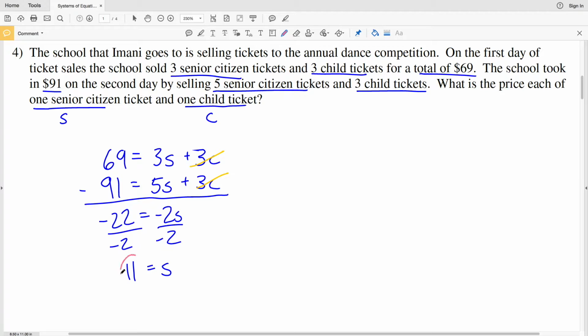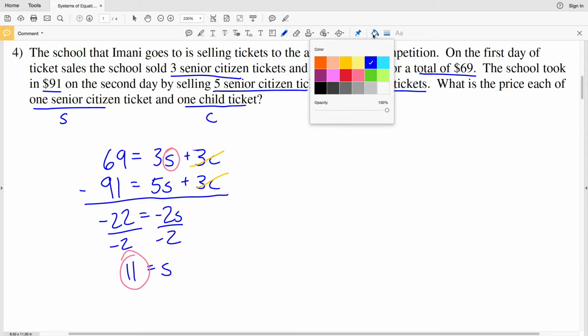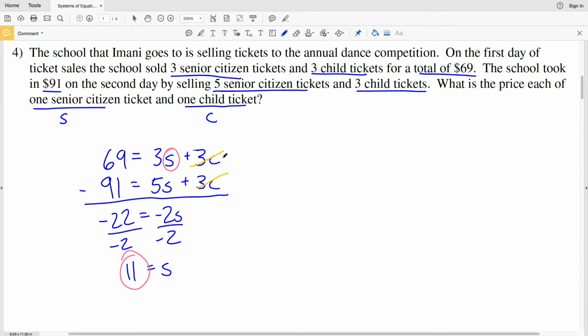So now that we know that $11 is the cost of a senior citizen ticket, we'll take 11 and plug that into either of our equations. Let's just go ahead and plug it into the first equation and solve for c, because c will now be our only remaining variable. So we'll have 69 equal to 3 times 11 plus 3 times c.